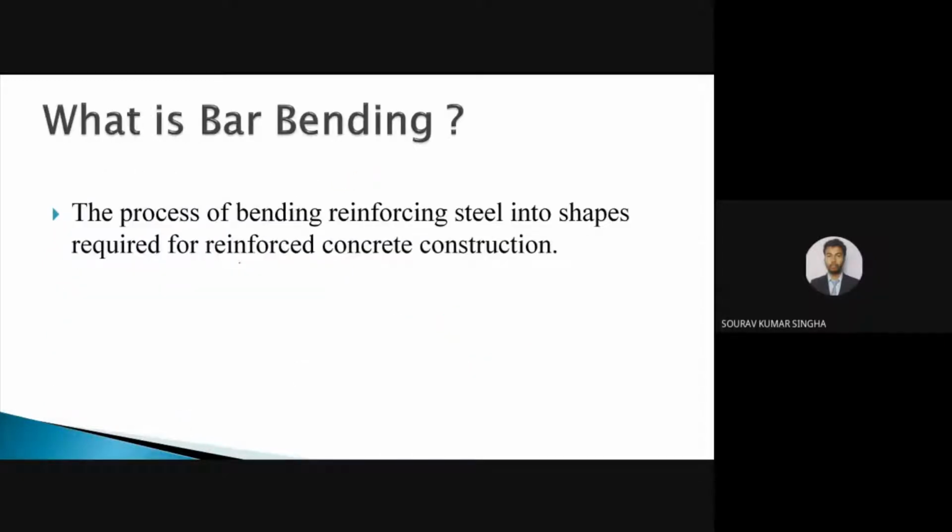The first thing is, what is bar bending? By the name itself you can understand that we are bending a bar. This is the process of bending reinforcing steel. Bar refers to the reinforcing steel, bent into shapes required for reinforced concrete construction, that means the RCC.